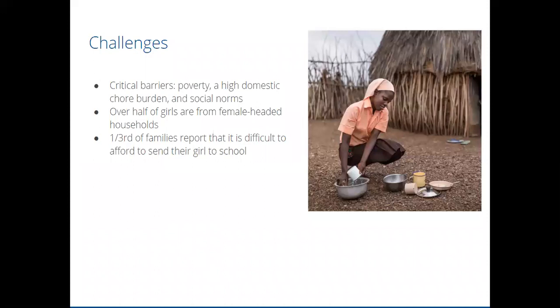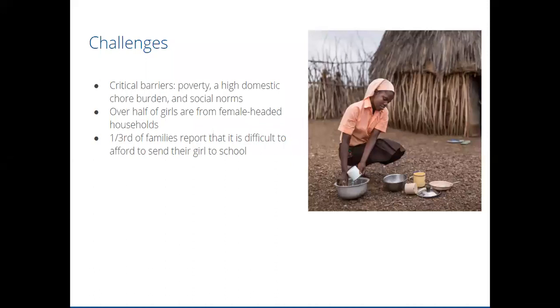Some of the challenges, we find these types of challenges everywhere, but in our specific context, poverty remains the single most important barrier to girls accessing education. One of the other key barriers that we find is a very high domestic chore burden. So girls spending a quarter or more of their day, sometimes their entire day, doing chores.